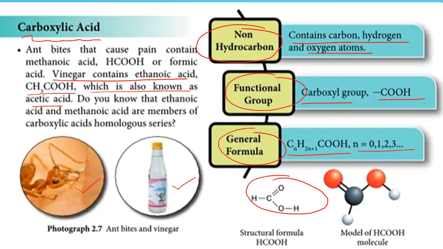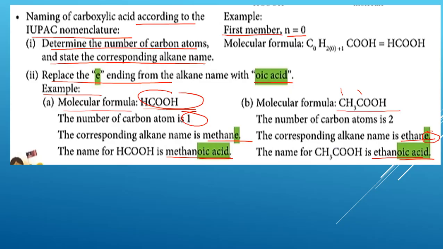Right? When n equals 0, the first member is C0H2x0+1 COOH, the molecular formula is HCOOH. This is the first member, and its name is methanoic acid.